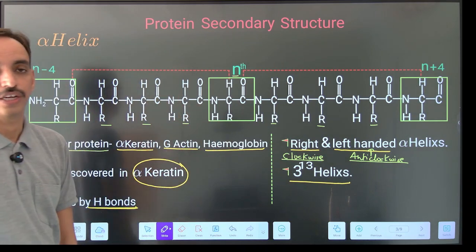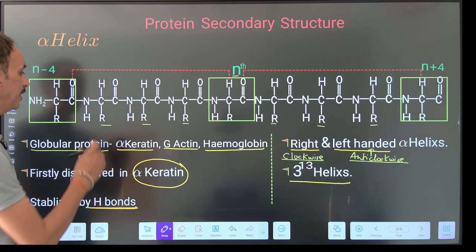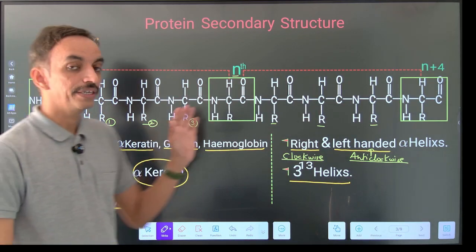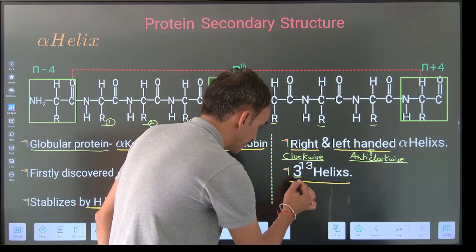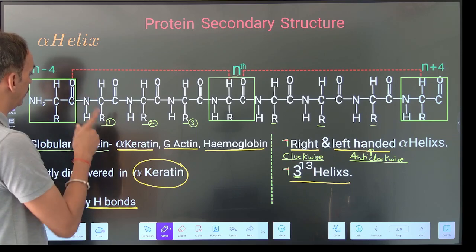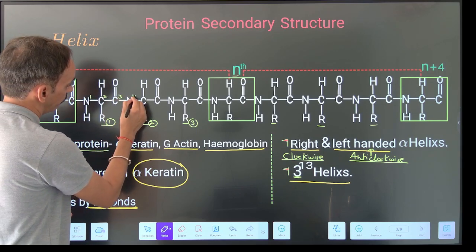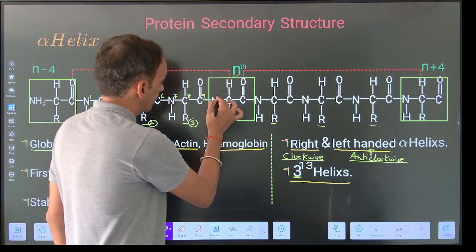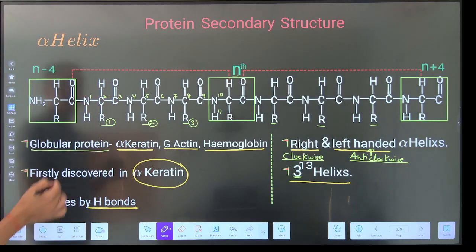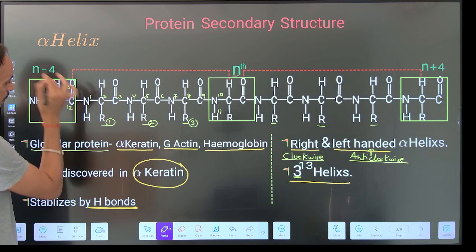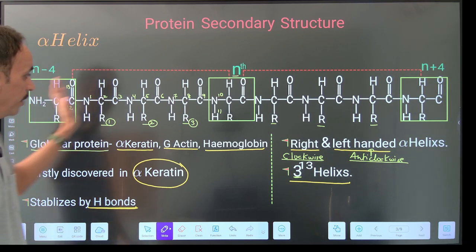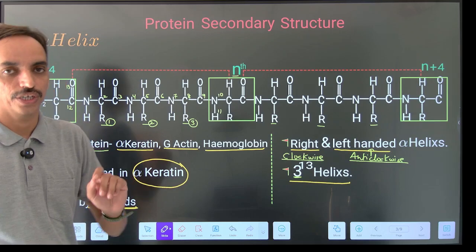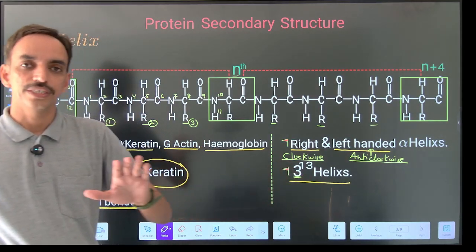Because the two amino acids involved in the formation of hydrogen bonds are 3 amino acids, that is 1, 2 and 3, and 13 atoms away from each other. So this 3 represents the amino acids, and 13 atoms means we are counting 1, 2, 3, 4, 5, 6, 7, 8, 9, taking the NH of this amino acid and the carboxylic end of this amino acid, so there are 12 and 13. So the two amino acids involved in the formation of hydrogen bond are 3 amino acids and 13 atoms away from each other in the alpha helix structure. That's why they are also known as the 3.13 helices.